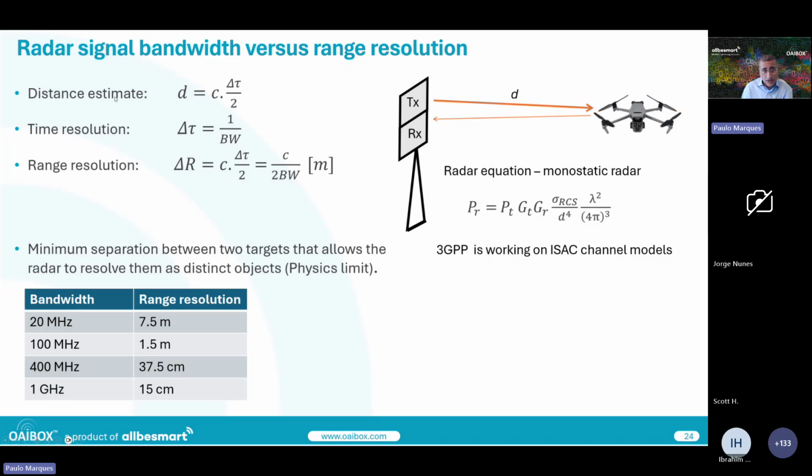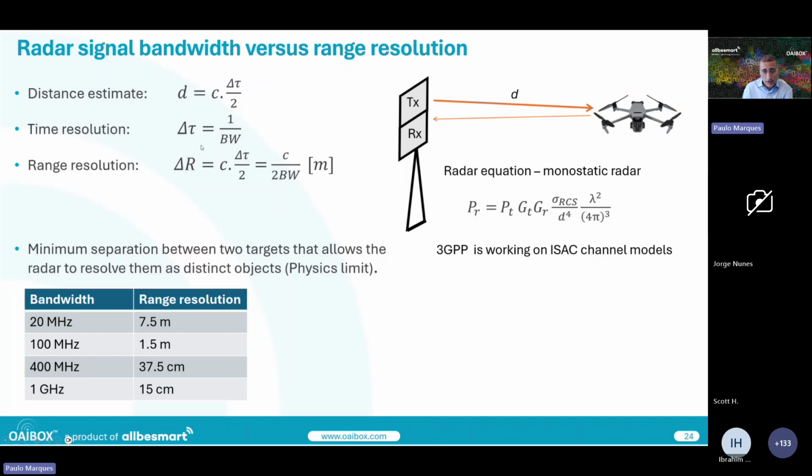For the distance estimate in the case of monostatic radar, first you need an estimation of the round trip time, the time that the signal takes to get reflected and come back to the receiver. So the round trip time over 2 times the speed of light gives you an estimation of the distance the object is from the radar.